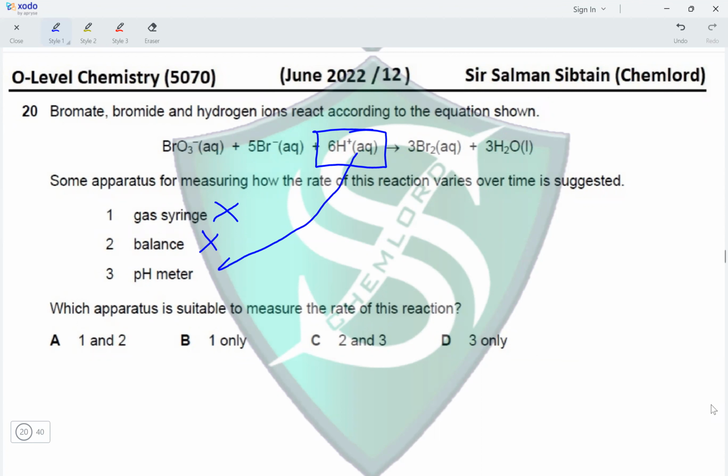So these 6 moles of H+ ions can result in a change in pH when the reaction is taking place. So a pH meter can be used to investigate this reaction. So the option that is correct would only have 3 as the correct answer, making option D the correct option for this question.